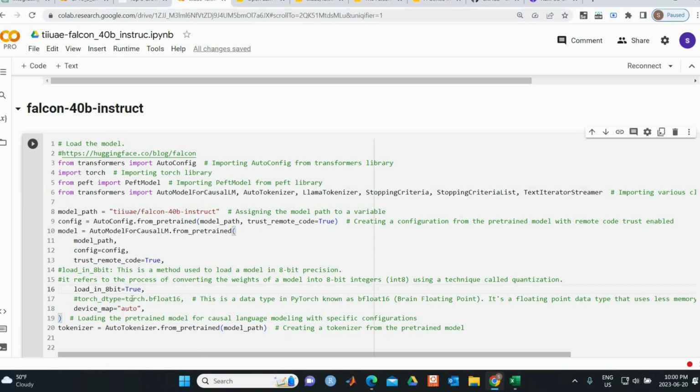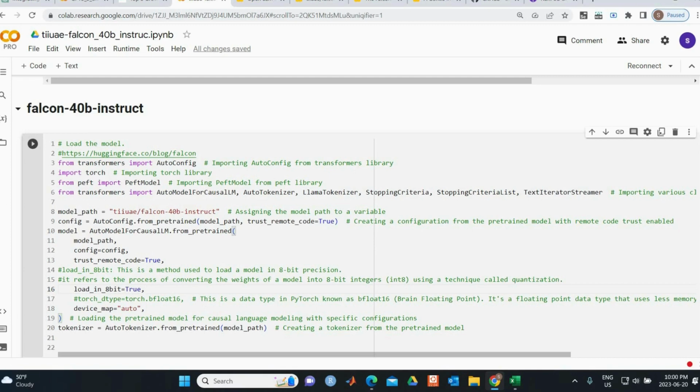This is the method used to load the model in 8-bit precision. This process is called quantization, the process of converting the weights of a model into 8-bit integers.